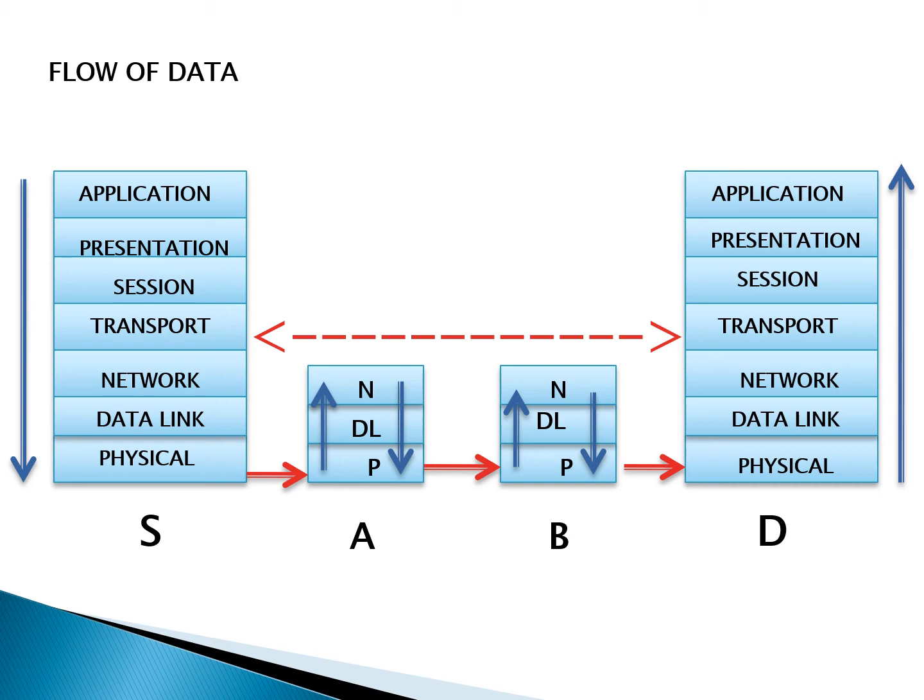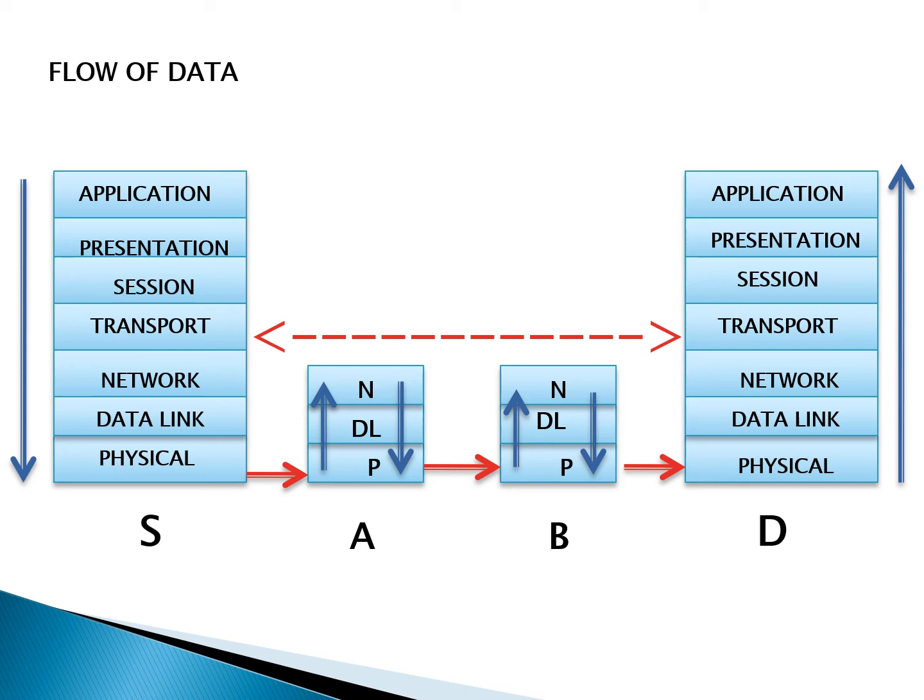Once data reaches the physical layer of source node S, it physically gets transmitted to the next intermediate node A. Then it goes up to the network layer of node A, because only network layer decides where to forward the packet, means to which node, and again comes down to the physical layer of node A.